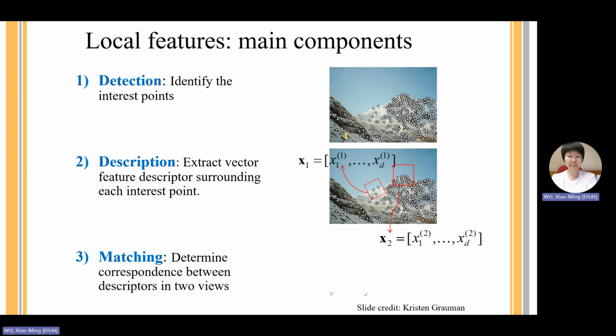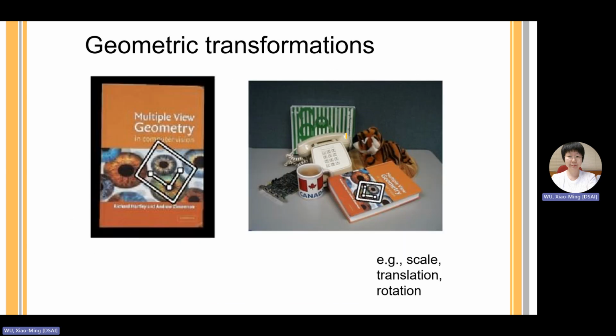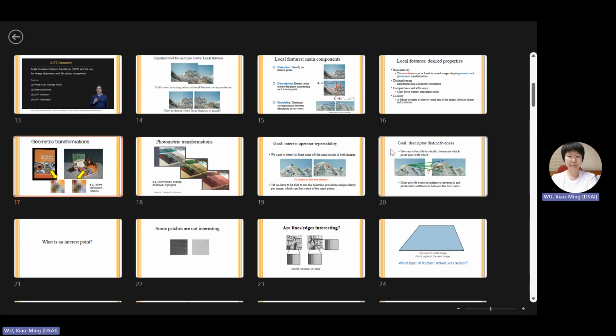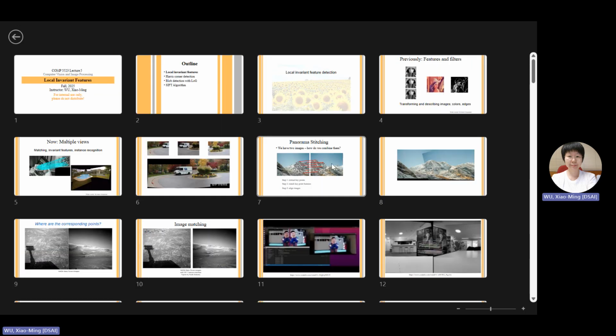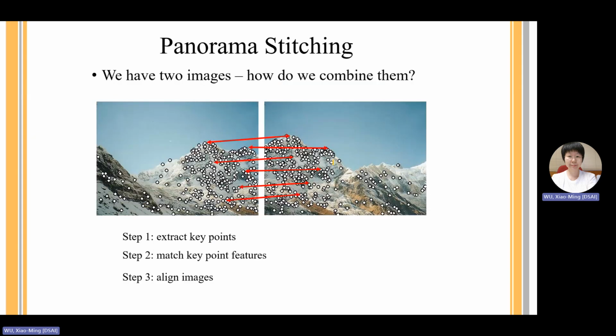The same feature can be identified independently from different images. For example, this feature can be identified on the left image, while this feature can be identified on the right image.